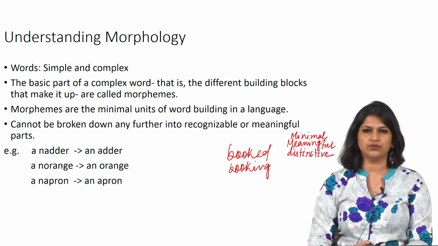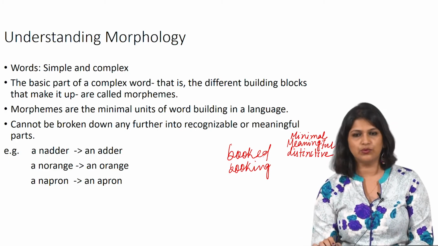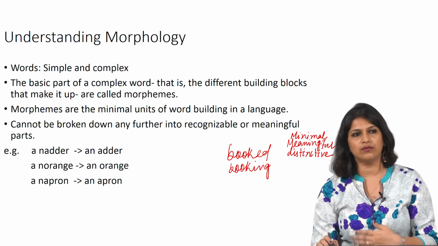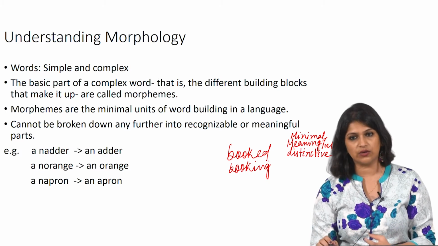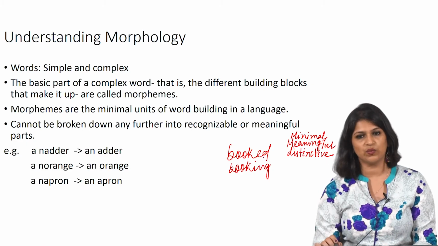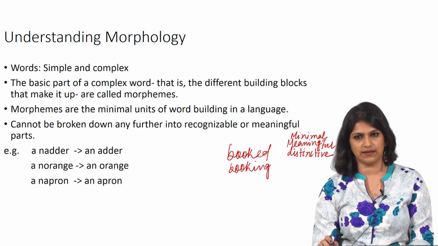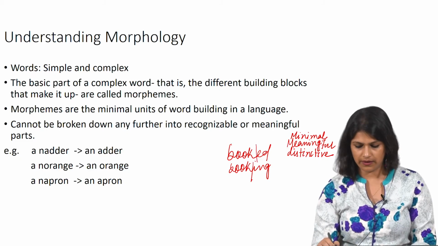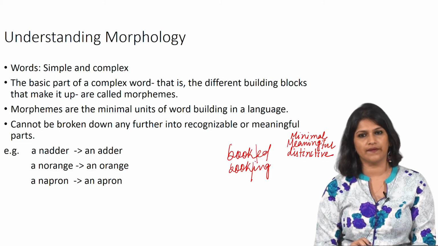So, what do you think, booked and booking as words, what are the units in these words which can be called morphemes? We are going to break it here for booking and here for booked.